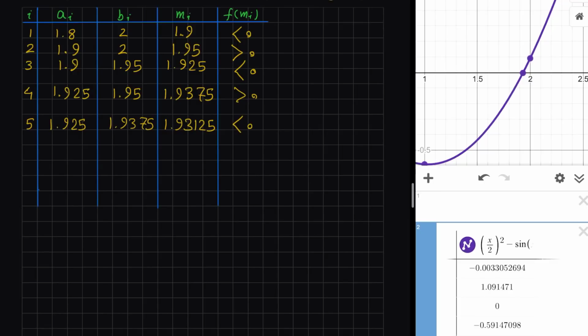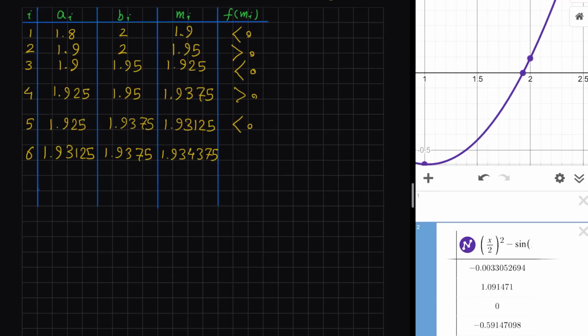meaning that for the next iteration we are gonna replace the first limit with this new point. So 1.93125. We keep the second limit. The midpoint of this sixth interval is 1.934375.